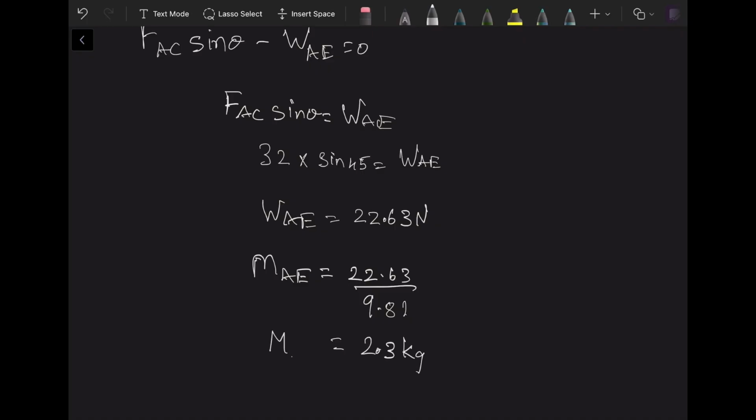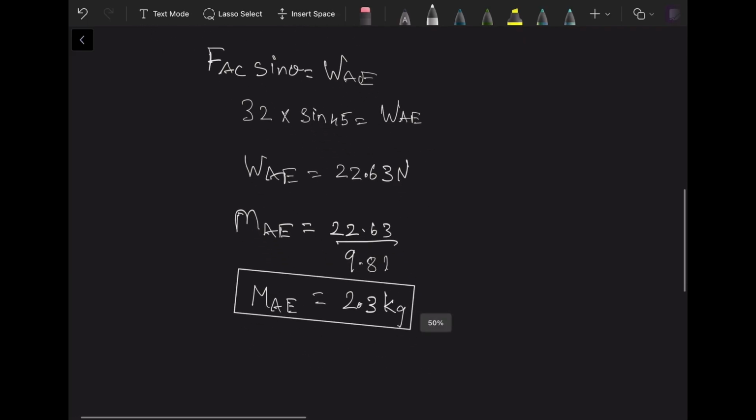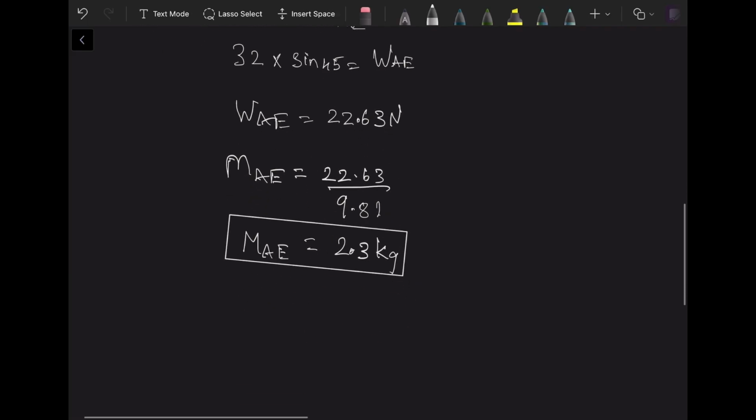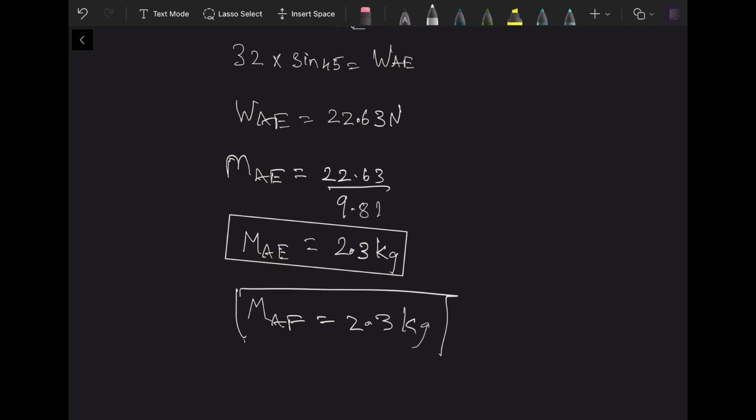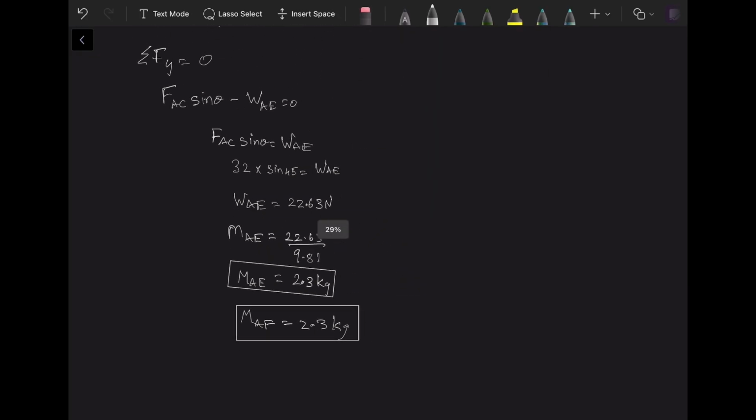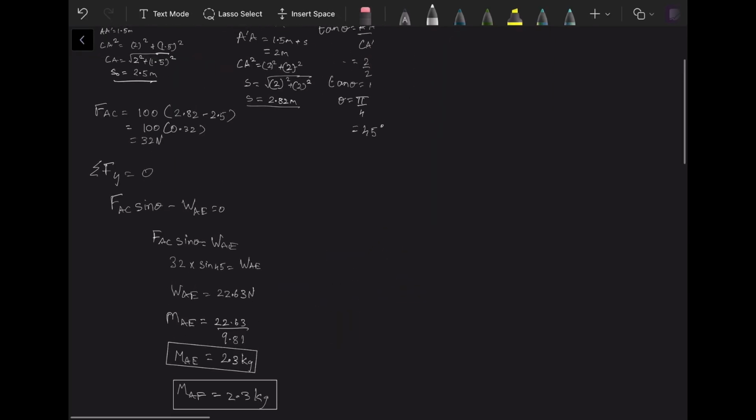So this is the mass of the cylinder AE. And since the system is symmetric, the mass of the cylinder F is also 2.3 kilograms. And that's the solution for this question. Thank you very much.